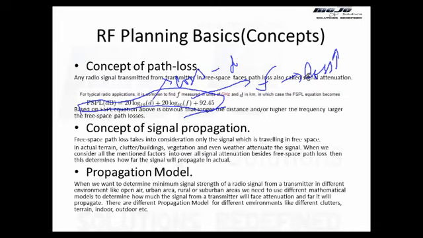These planning tools have different propagation models, and there are companies whose job is to make a more accurate propagation model and sell it to the operators. The operators run those propagation models, test them, and see how accurately they predict the signal level in their different environments, and how to use them.